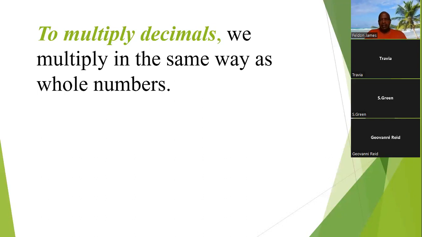Now, this might not be as easy as when we are multiplying by powers of 10, but when we're using whole numbers to multiply, we are multiplying in the same way as I would multiply ordinary numbers by whole numbers, right? So we follow the same principle.